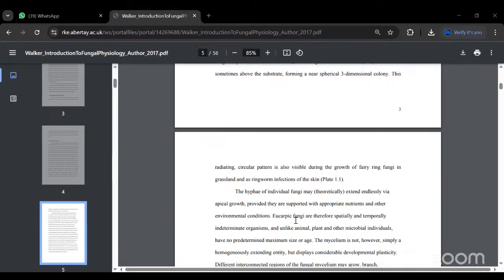Eukaryotic fungi are, therefore, spatially and temporally indeterminate organisms.